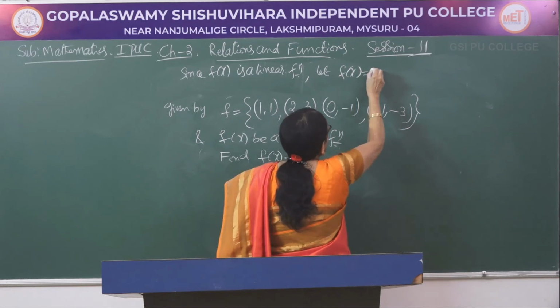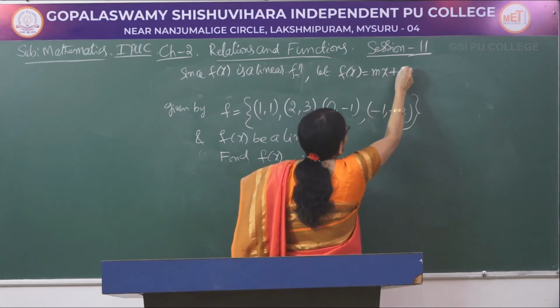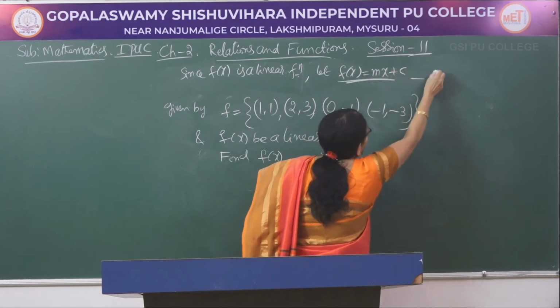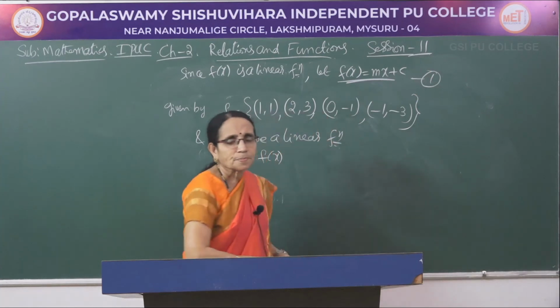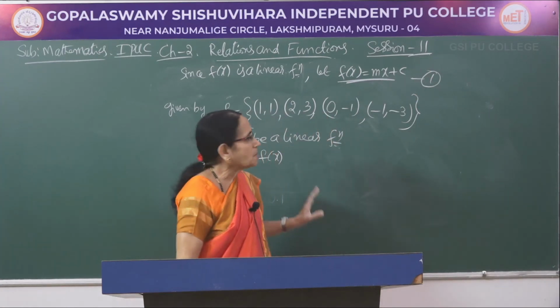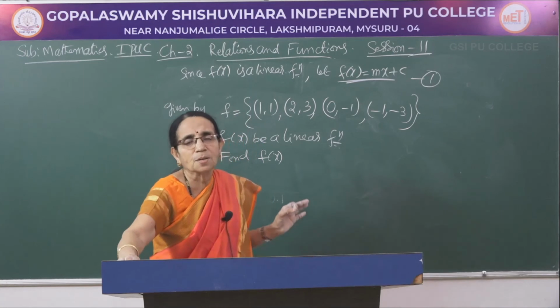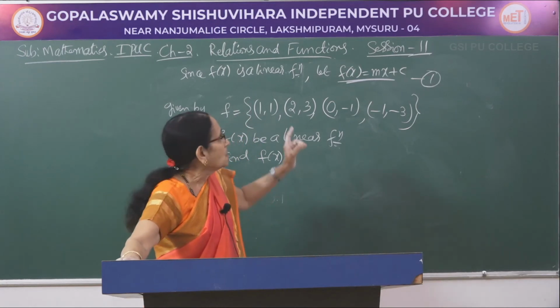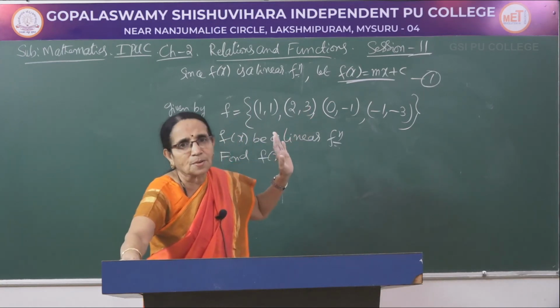Let f of x be equal to mx plus c. Now take it as the first result. Understand? Now let us assume, since f of x is given to be a linear function, let f of x be equal to mx plus c.